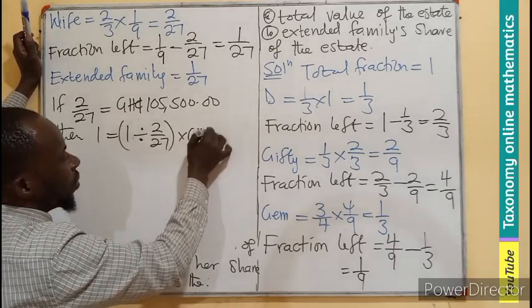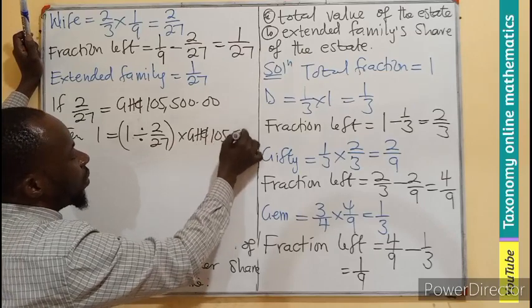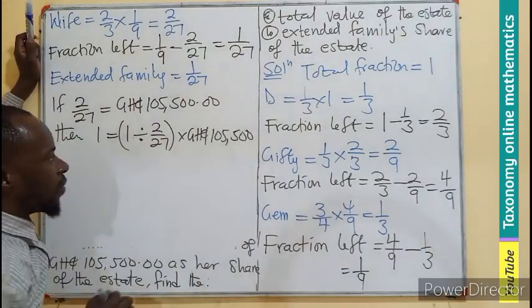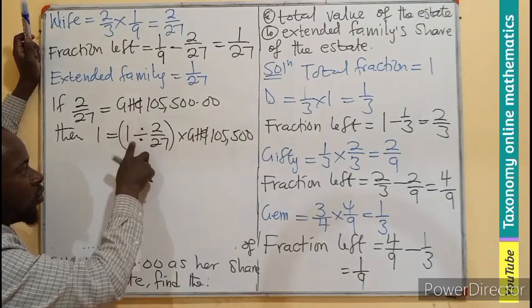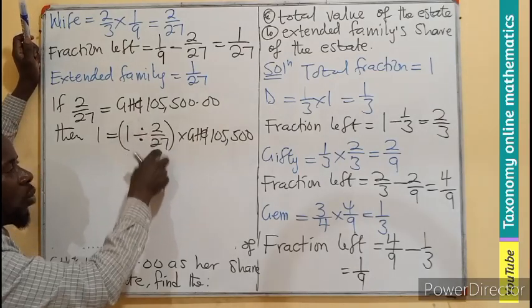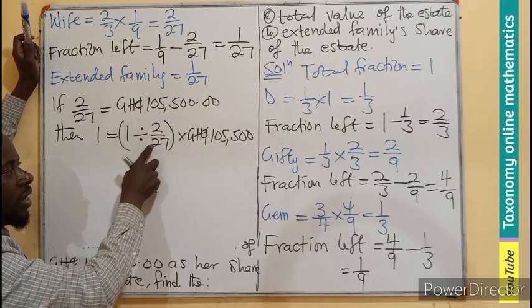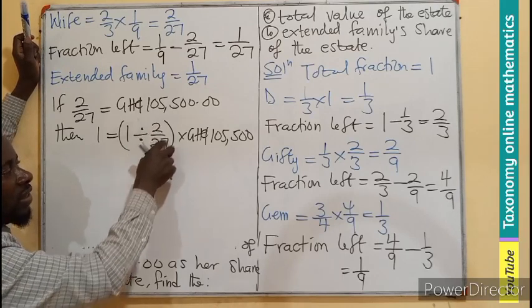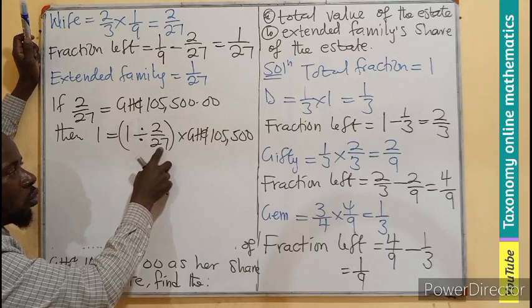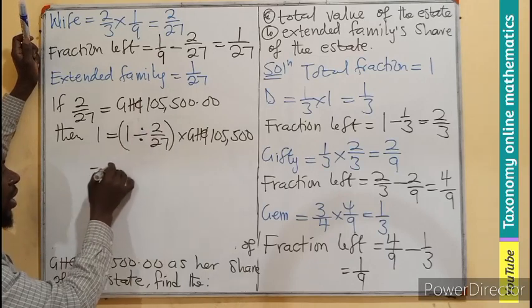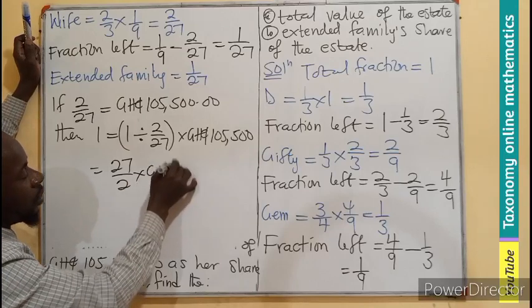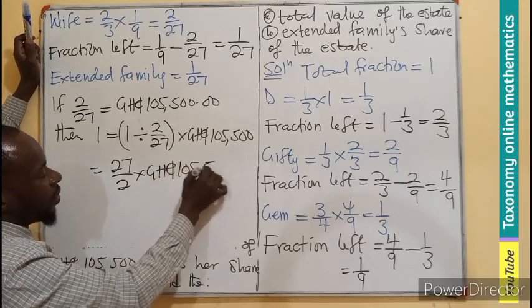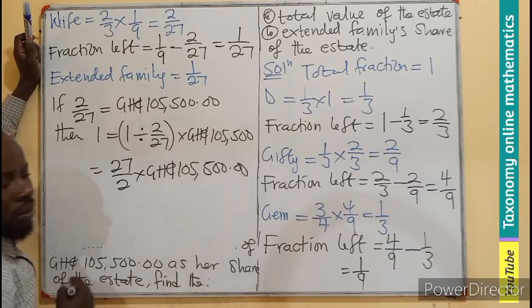times 105,500. Don't forget, in the case of fraction division, we turn this to multiplication, then we reciprocate this. It's going to be 27 over 2 times 1, which will still remain 27 divided by 2, times 105,500.